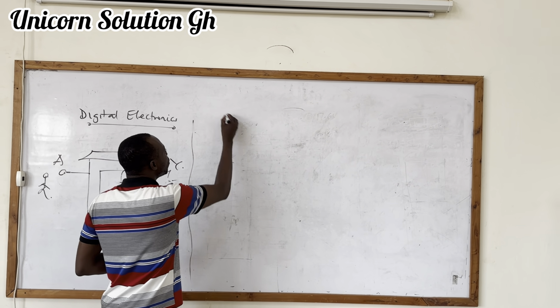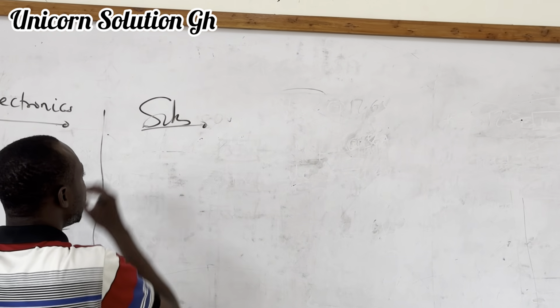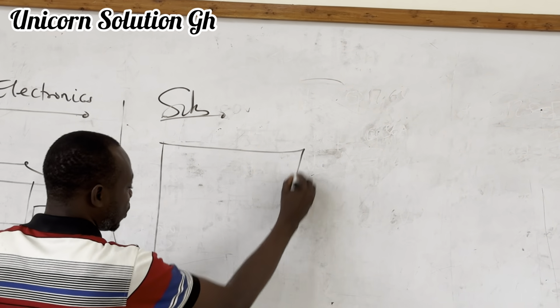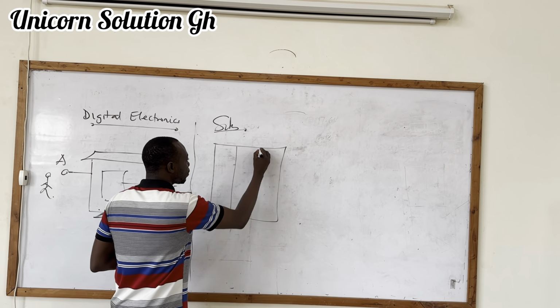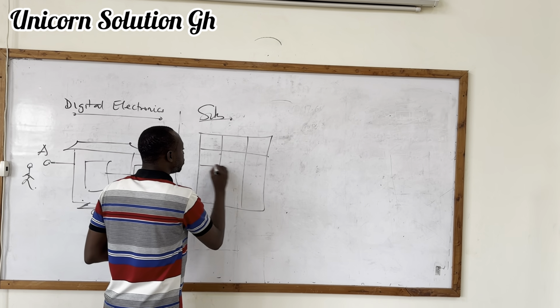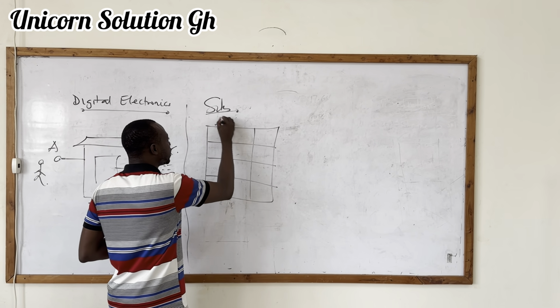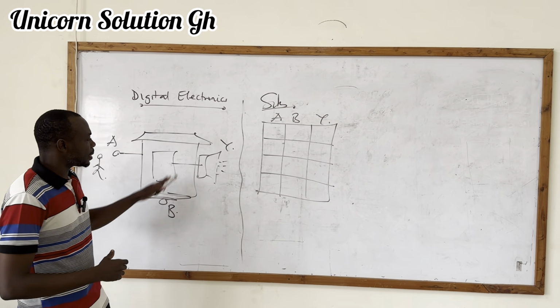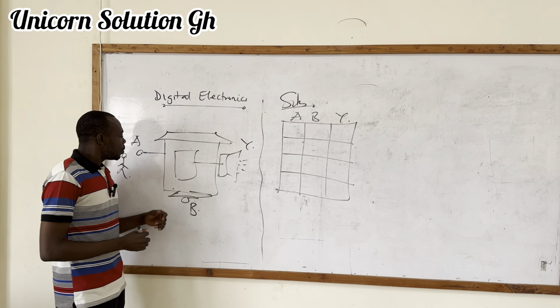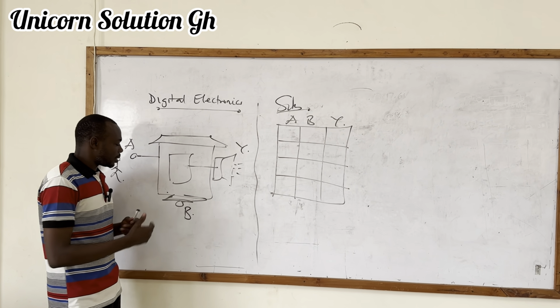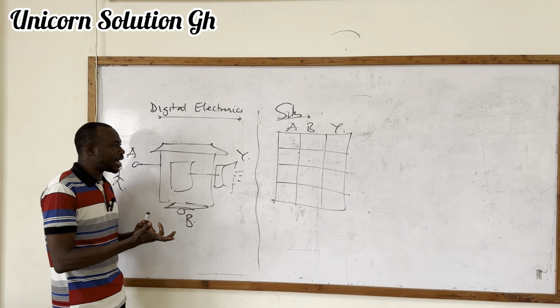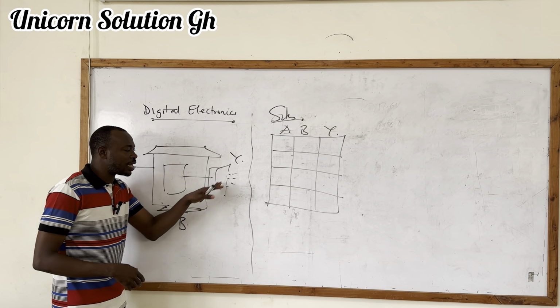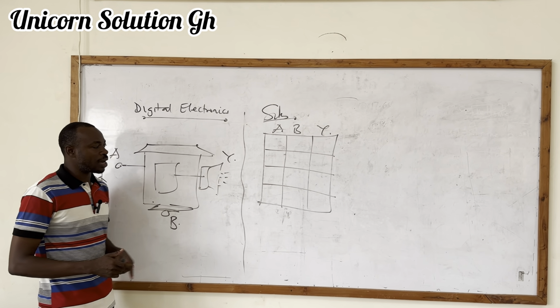But let's see, if I want to design a solution, definitely I have to start with something called a truth table, of which I should be able to register all the inputs and my outputs. How do I want the system to work? When A is triggered or when B is triggered, at what time do I activate the output? So we are going to look at that.